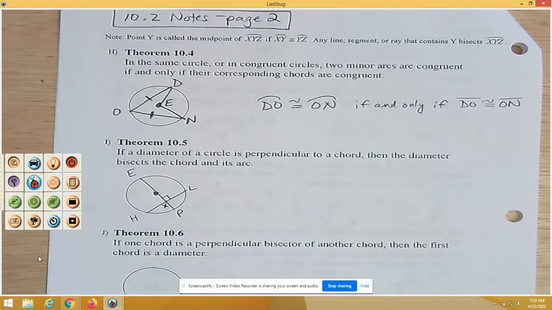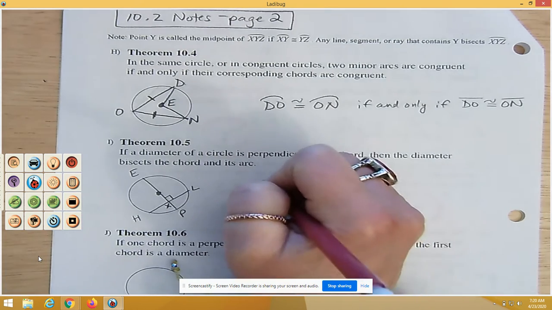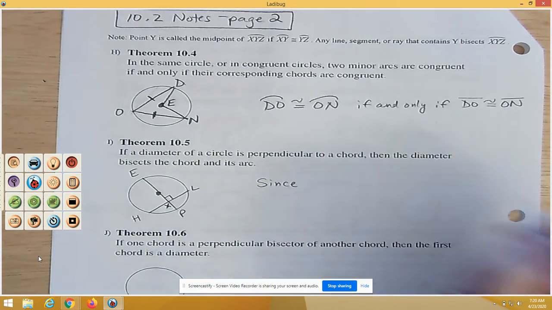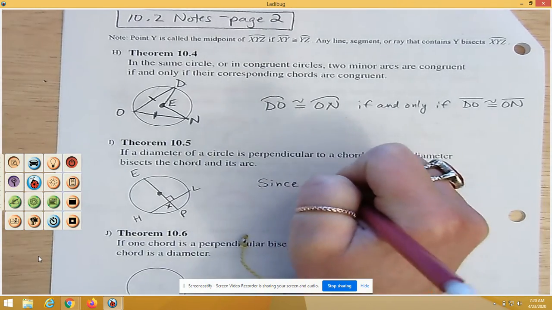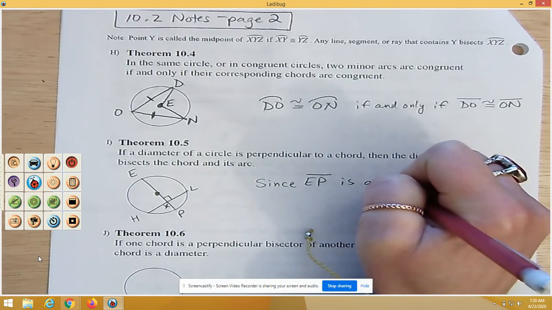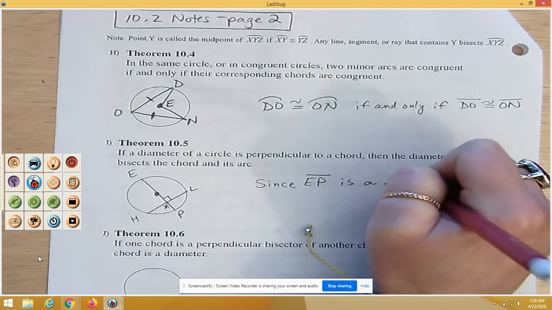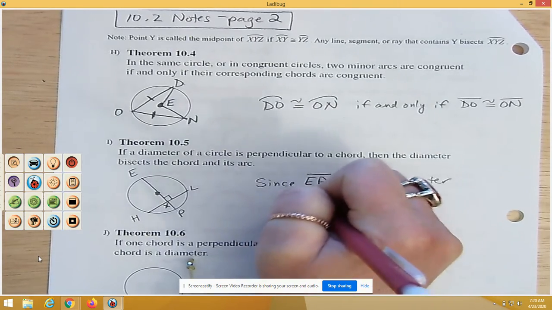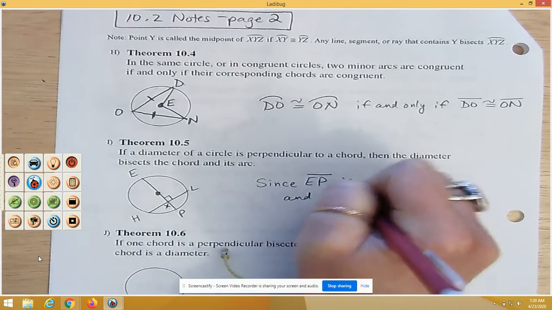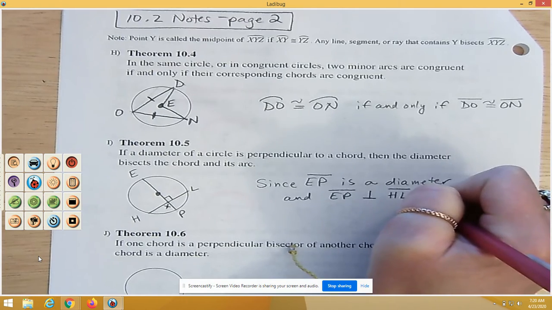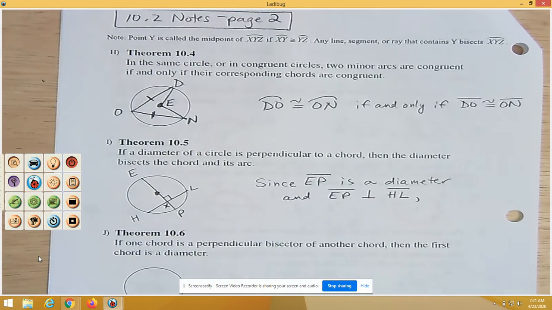And what we know is, since EP is a diameter and EP is perpendicular to HL, then I know 2 things.